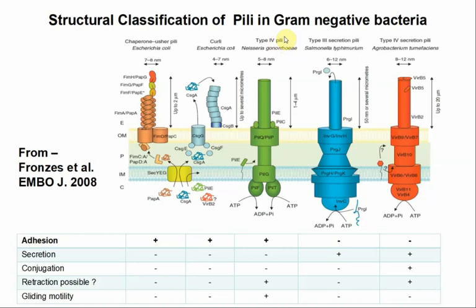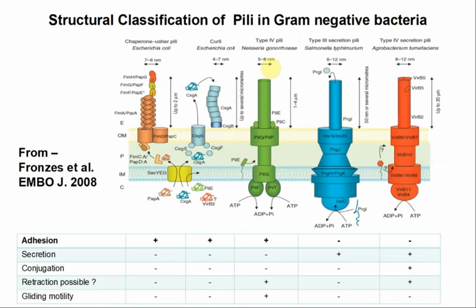So what exists now is a classification of CU pili, curly pili, type 3 and type 4. This classification is relevant to gram-negative bacteria. You can see this is the internal membrane, external membrane. This is true for gram-negative bacteria.